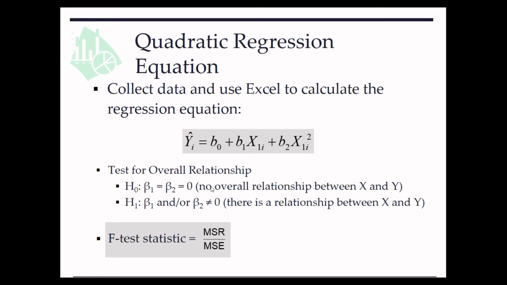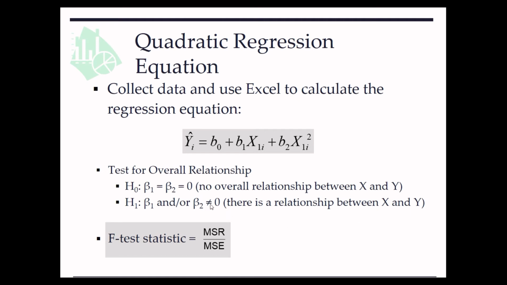That is, no overall relationship between x and y. In H1, the alternative hypothesis, we have beta 1 and/or beta 2 non-zero. So there is a relationship between x and y.